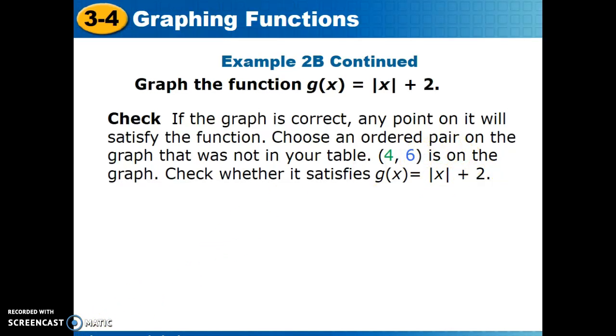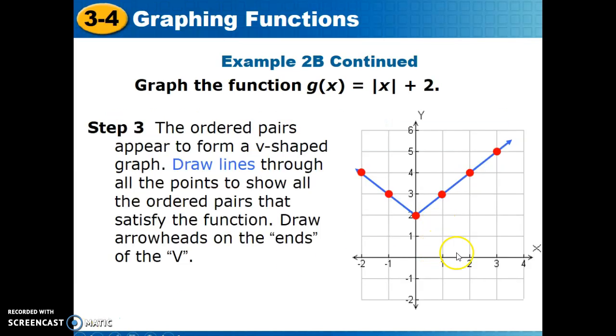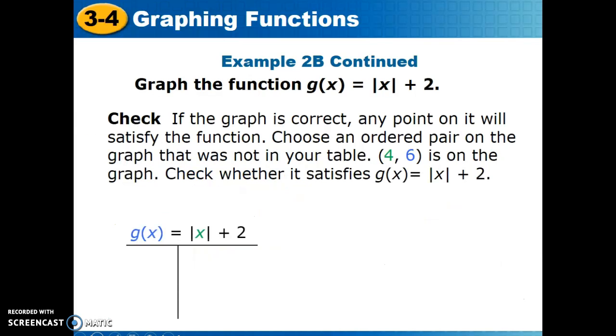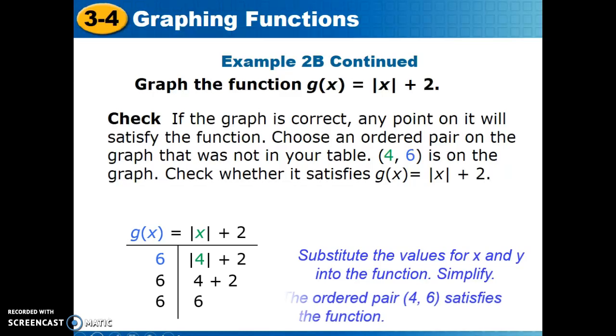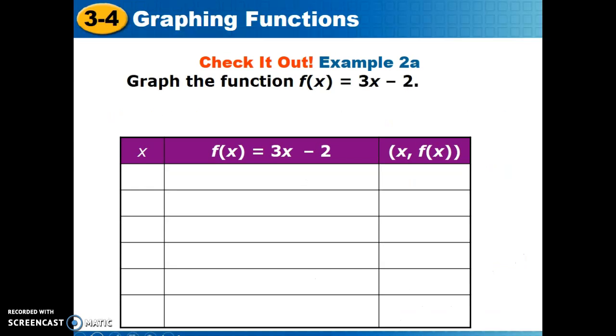So we can go back and see that point on our table. +4, +6. We can see that it's going to go through that value. Check it out 2A. You guys do this on your own and come back and check your solution.